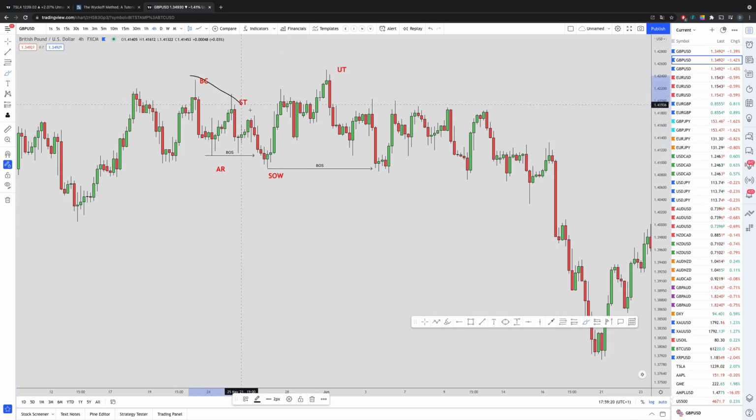Then we got all above these areas, you can see a pretty nice trend line. You get trend line liquidity, so price actually is grabbing this trend line liquidity. This is the first reaction because it went above this high. Price used the liquidity, went lower, then pushed up higher to take the liquidity above the buying climax, putting it up all here at the upthrust, and then from there price is dropping.